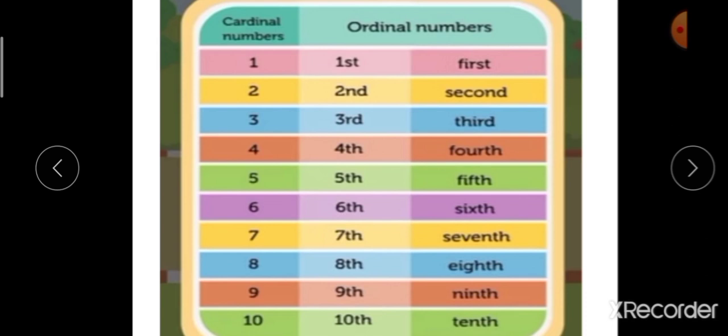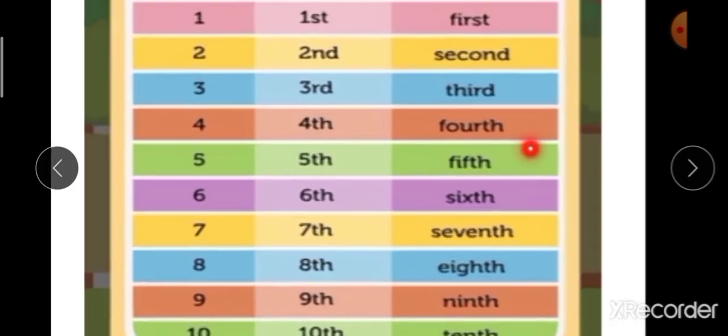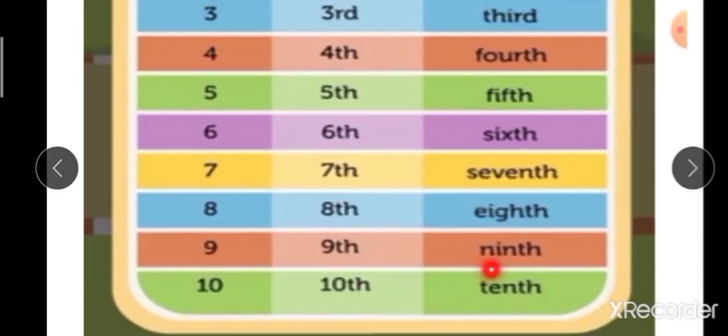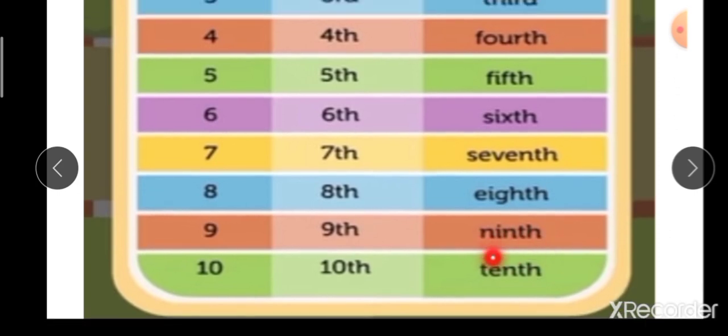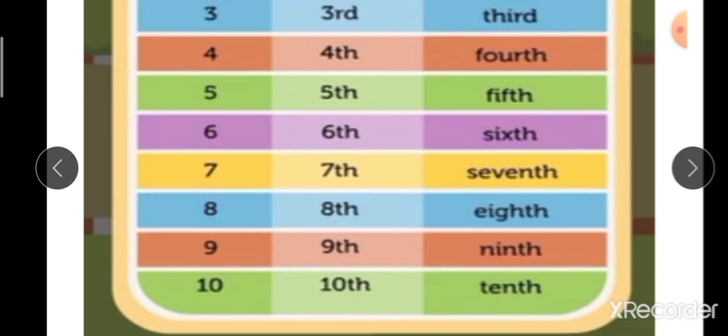Only while writing you leave out the e, but while speaking you say ninth. This will help you to reduce your spelling errors. Whenever I am writing, in my mind I am going to write it in its special spelling, and while saying it loudly I am going to say ninth. Then 10th is tenth.